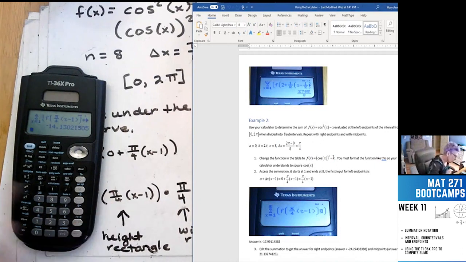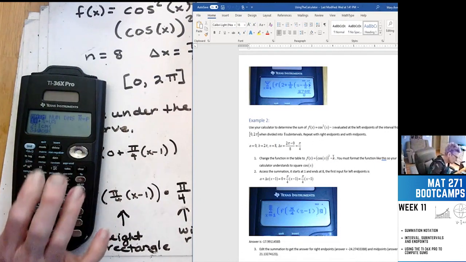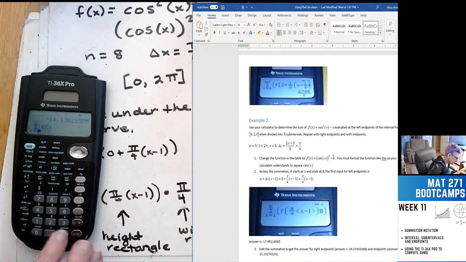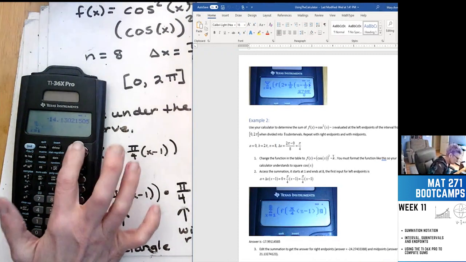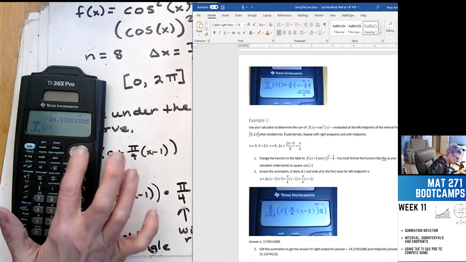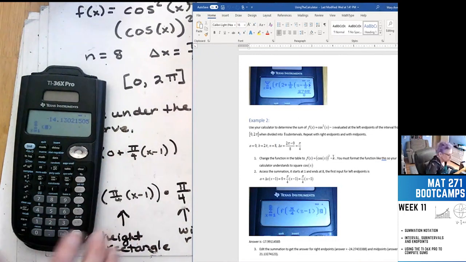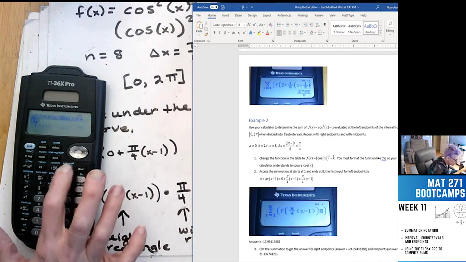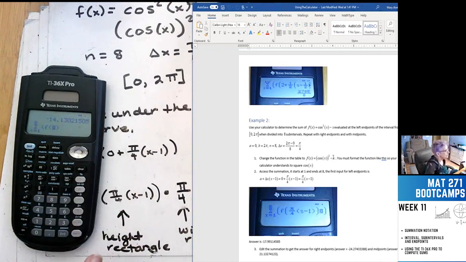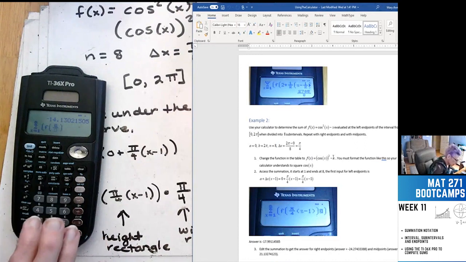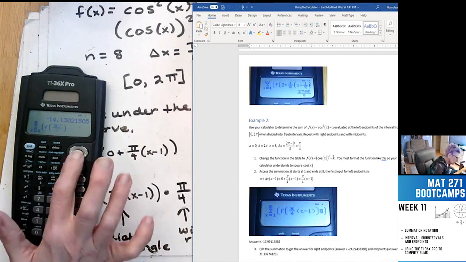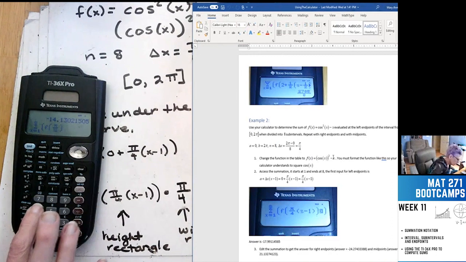So let's go through the whole thing again. Press your math button. 5. You're going from 1 to 8. F of, so table, enter. Fraction button, pi over 4.